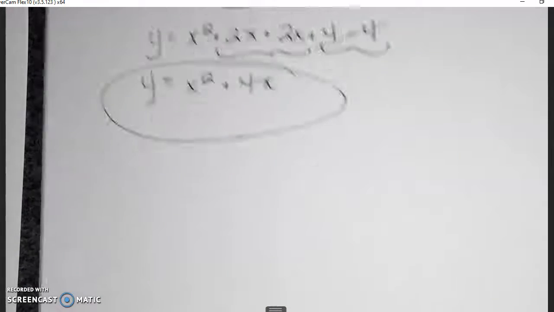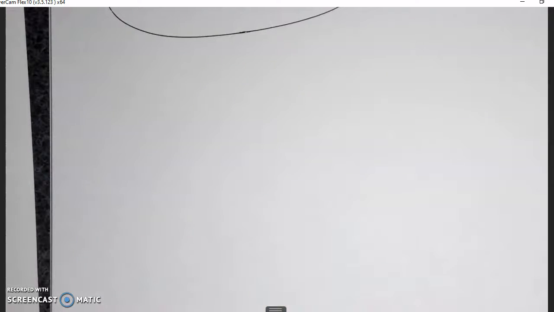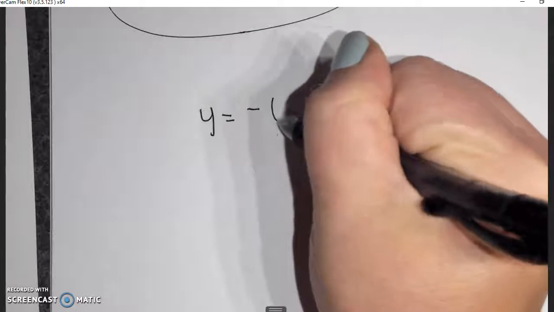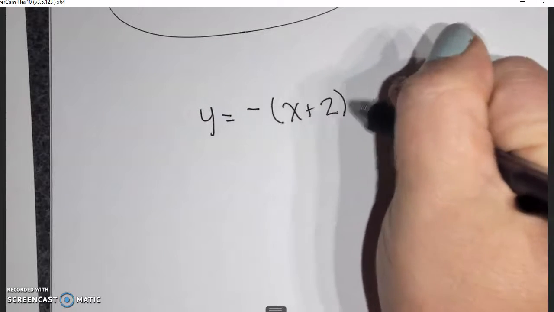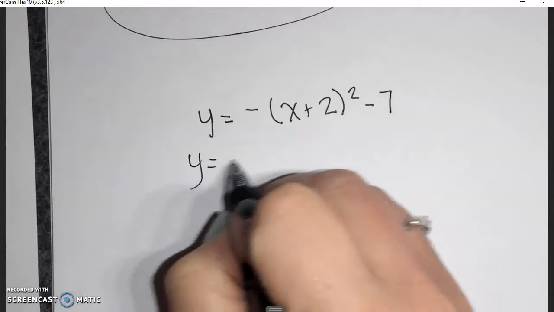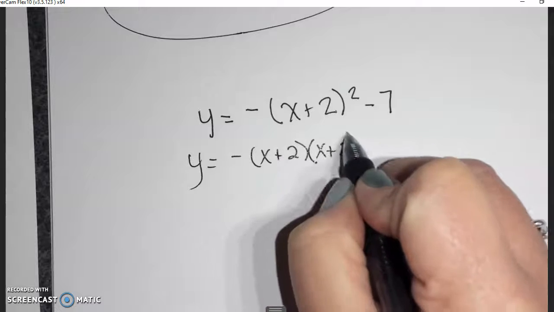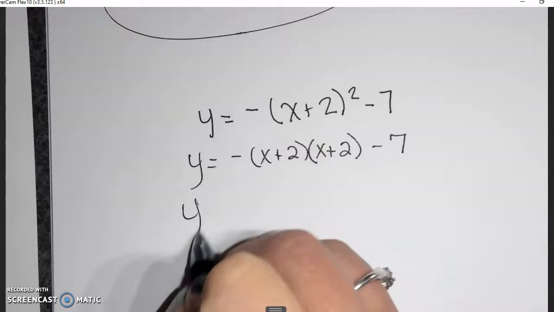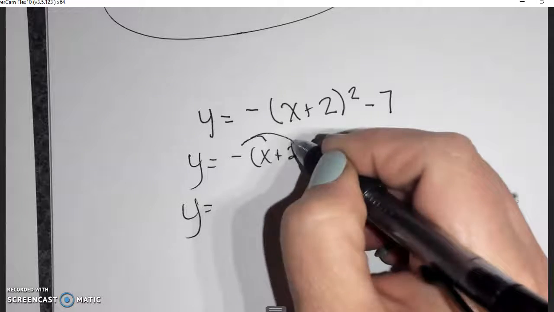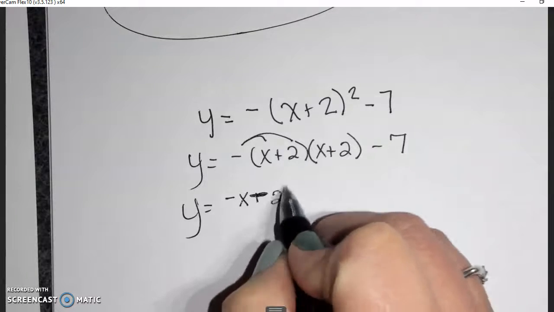Let's do one more of those. Okay, first thing we're going to do is expand it out. I'm going to hold off on this. No, I'm going to distribute that first. Negative x minus 2.